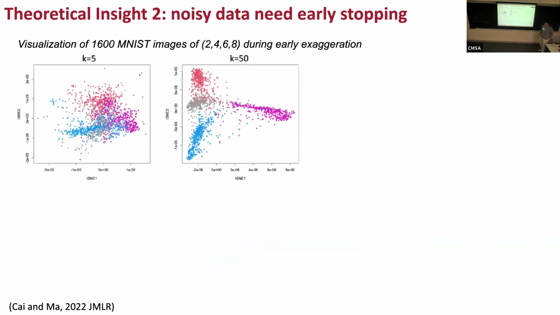Okay, so up to now, we're talking about the high signal to noise ratio case, right? The original data are already well separated. In that case, we will have that kind of nice behavior. But for a real data set, when the clusters are really noisy, it turns out that there is qualitatively different behavior.